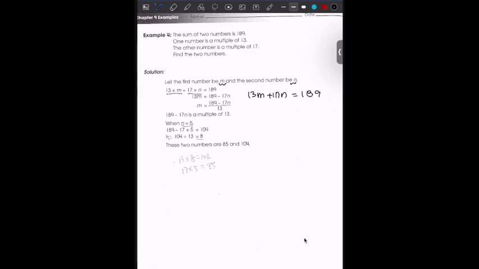And then we know that 13m is then 189 minus 17n. And so m is going to equal 189 minus 17n divided by 13.